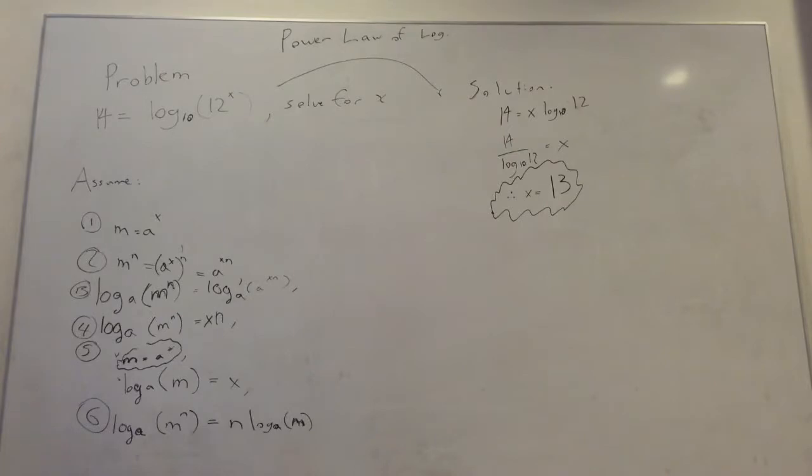Now, using this new law, we can solve the problem that was introduced in the beginning, which is 14 equals log base 10 of 12 to the power of x, and we would like to solve for x. So using our newfound law, we can take x and bring it in front of the function to get 14 equals x times log base 10 of 12. And now we are able to isolate for x by dividing both sides by log base 10 of 12. And by doing that and plugging into our calculator, we get x equals 13.